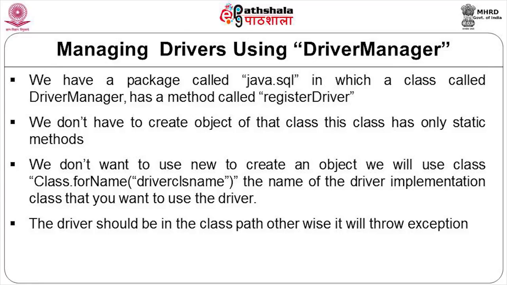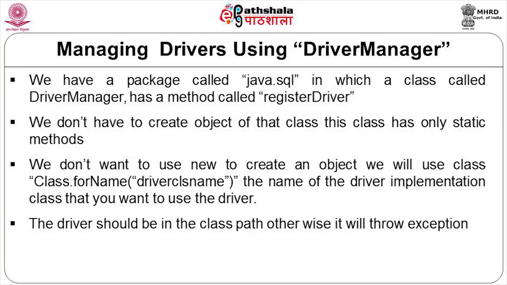So let's see how we proceed with the steps here. First step: since we would not like to hardcode the creation of the driver object, we would like to use it as a string. We don't want to use new to create the object. So the first step would be to load the driver implementation class. That means we'll say Class.forName, and as a parameter we should pass the name of the class, which we have read from some configuration.